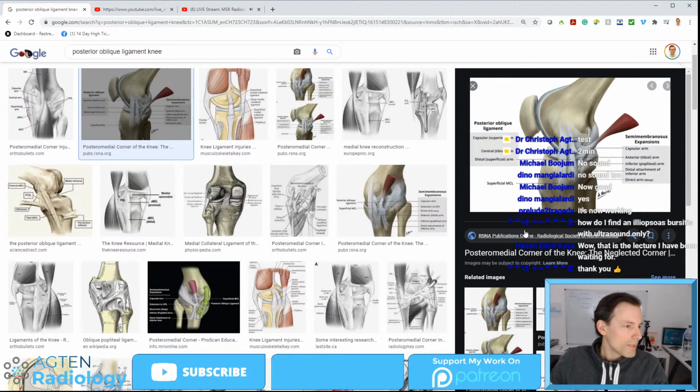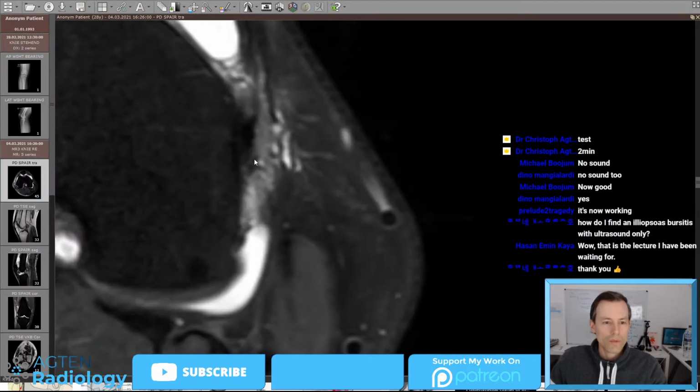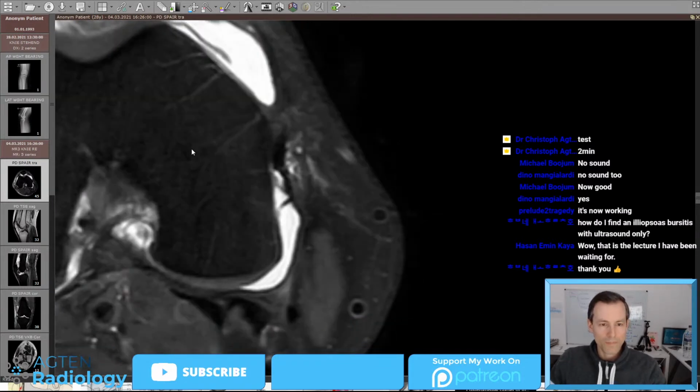Well, it might not be the best, but anyway, I think you can see the MCL, superficial MCL, and just behind it, basically, this is a posterior oblique ligament running a little bit obliquely and then blending in with the joint capsule. So cannot really see it all the way, but the origin is occasionally visible, and here there's a little bit more edema, especially here, so I would say there is a proximal injury of the posterior oblique ligament.